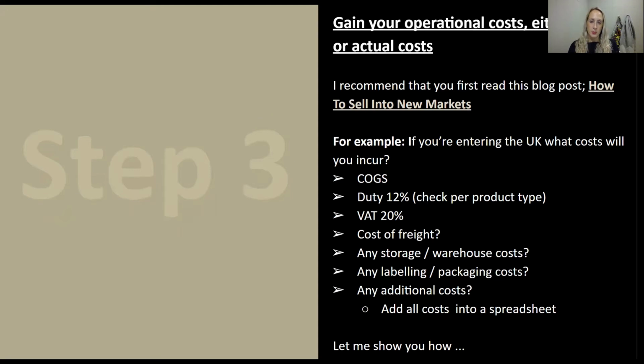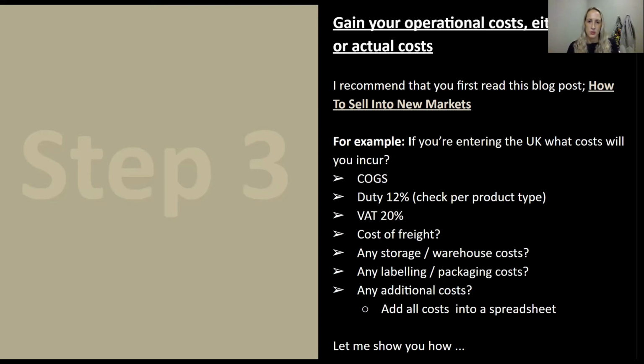So one tip I recommend, I've got this great blog post, which is how to sell into new markets, which will give you pointers on the UK, Europe, US, as well as Australia, so that you can understand more around costs of going into new markets. But pretty much what you need right now, the operational costs, are listed on the screen. So cost of goods is COGS, so the actual cost of the garment itself.